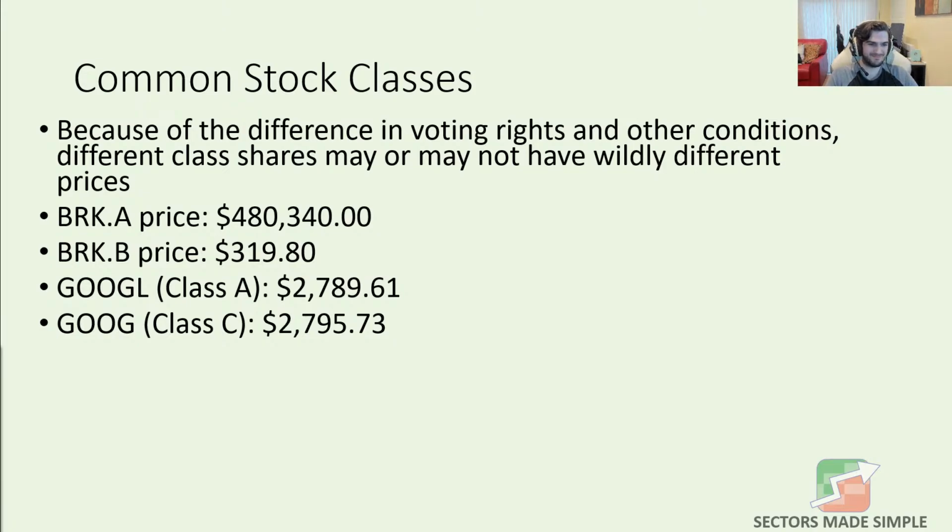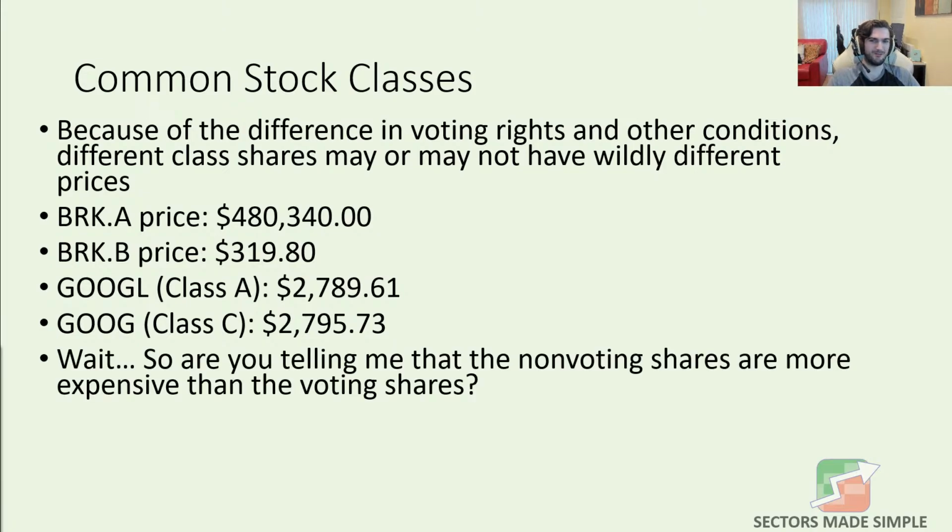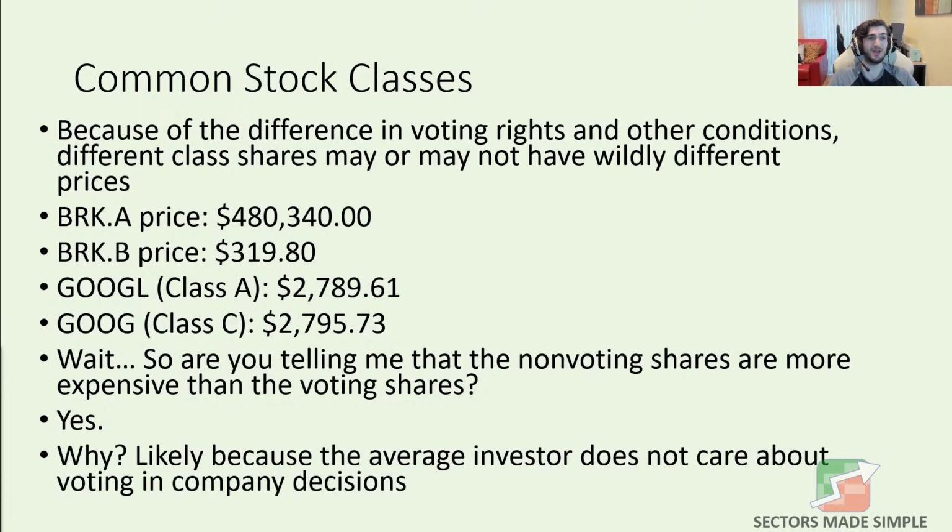Are you trying to tell me that non-voting shares are actually more expensive? Or I'm going to say the same price, because realistically it's a $6 difference. You're trying to tell me that those two things are the exact same price. Yeah, I am. Why? People don't care.